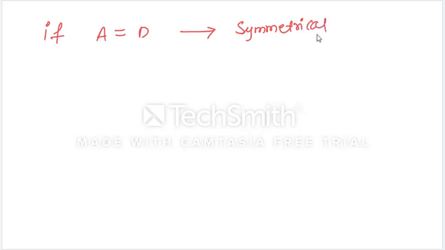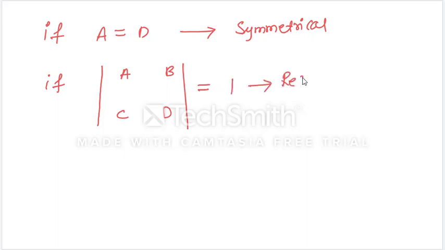A is equal to D is called the symmetrical condition. And if the determinant of this matrix A, B, C, D is equal to 1, this is called the reciprocal condition.